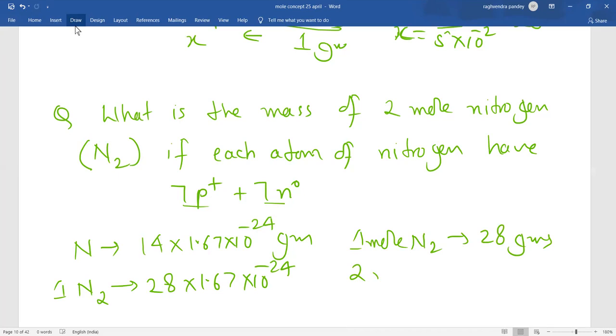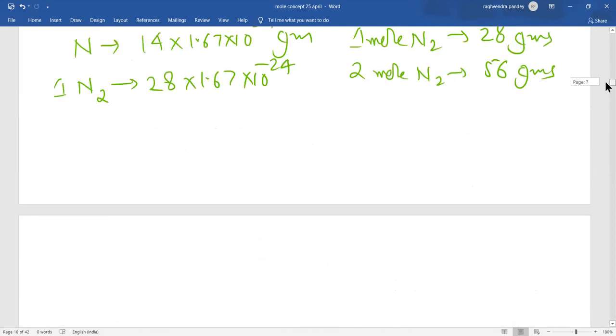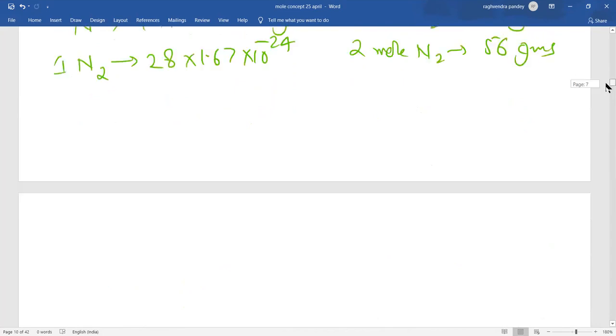Then I take 2 moles N2, so it becomes 56 grams. So that is your answer. Don't make any silly mistake. Don't be in a rush. Very easy answer. Got it?